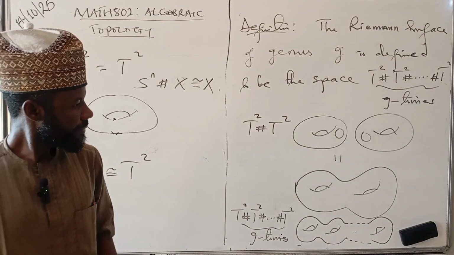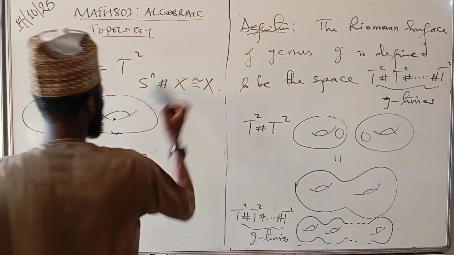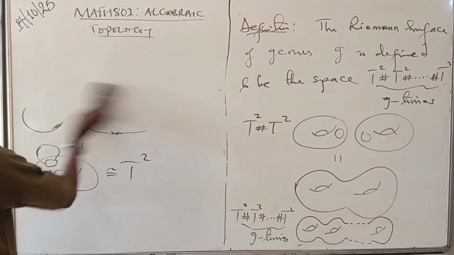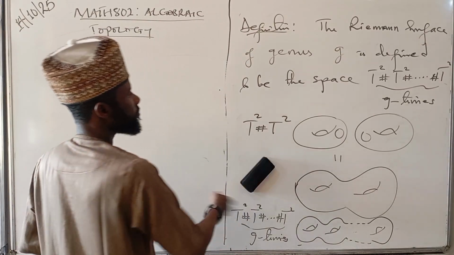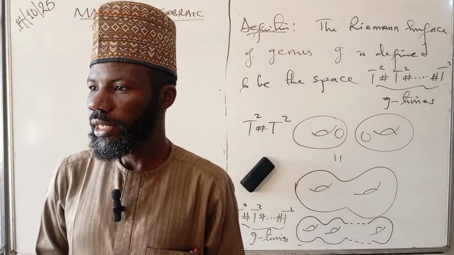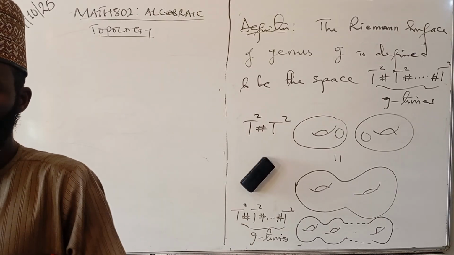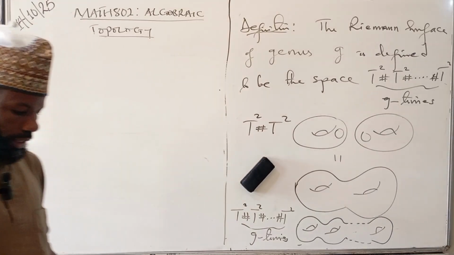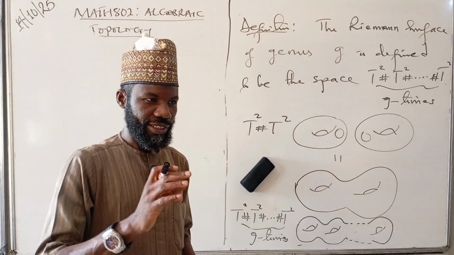So the last thing I will say under this section of constructing new spaces, this is another way to build up new topological spaces from existing ones, and this is the one that is called cell complexes. They are very important.